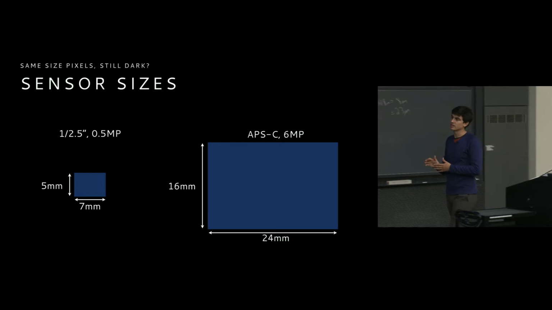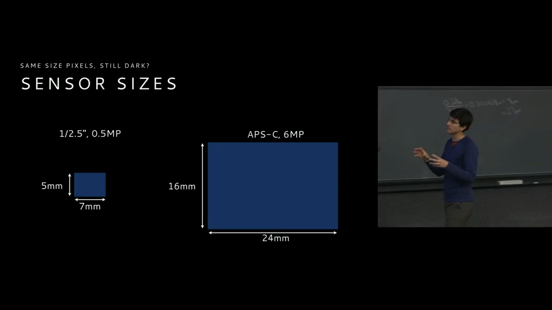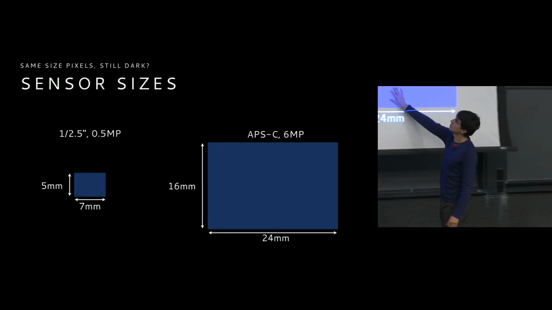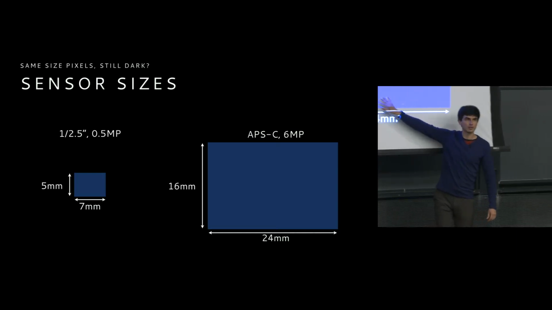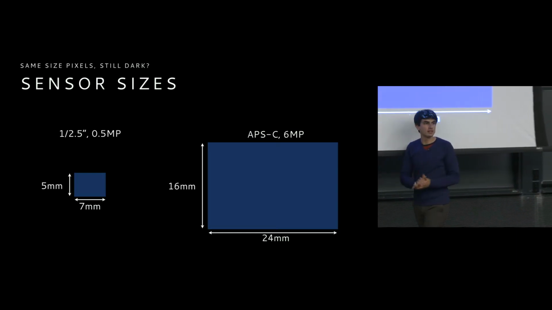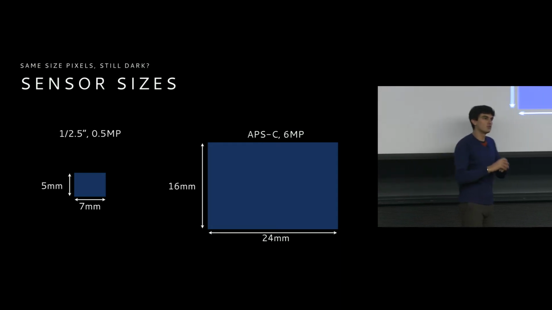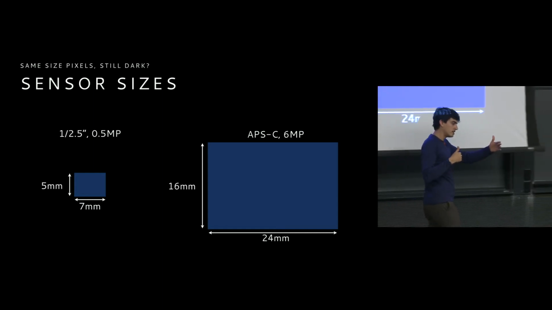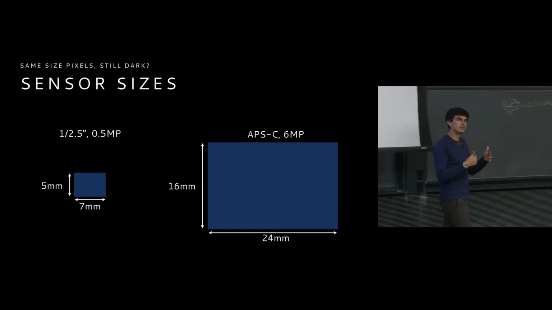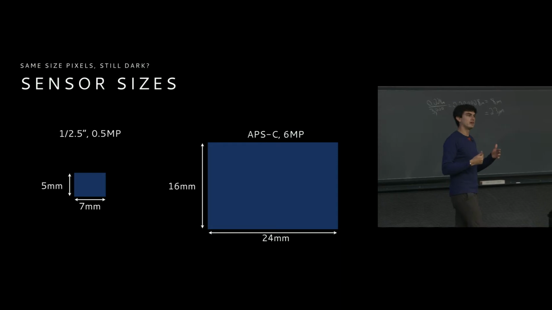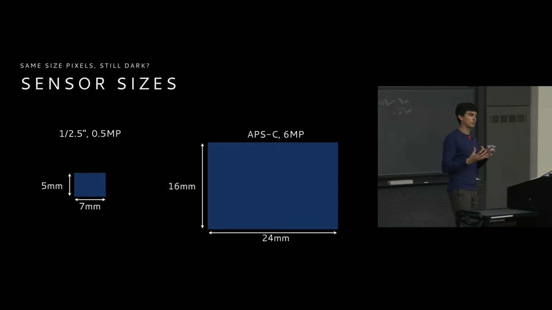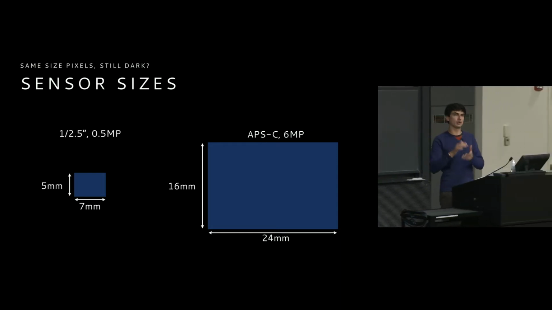And in particular, although we can have F numbers that are the same, we can have an F number of a lens on this larger camera be an F number of 2.8, and we can have a lens with an F number of 2.8 on this smaller camera. Realize that what this means is that because we have changed our focal length to get the same field of view, to get the same F number, we also have to change the diameter of that lens.